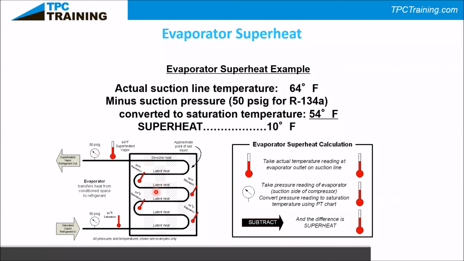If in the event everyone on this call realizes that Will Smith is the presenter today and decides to pack into a room, then all of that extra heat load put into the room is going to cause that approximate point of last liquid to fall down here, and our superheat level is going to rise up. So the TXV is going to allow the refrigerant to be put in and keep monitoring it at that point there. Can it go bad?